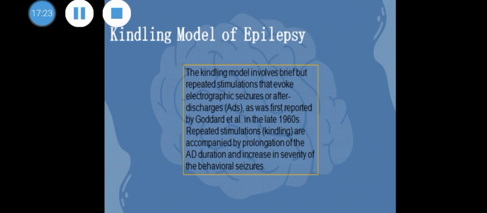The kindling model involves brief but repeated stimulations that evoke electrographic seizures or after discharges (ADs), as was first reported by Goddard et al. in the late 1960s. Repeated stimulations (kindling) are accompanied by prolongation of the AD duration and increase in severity of behavioral seizures.